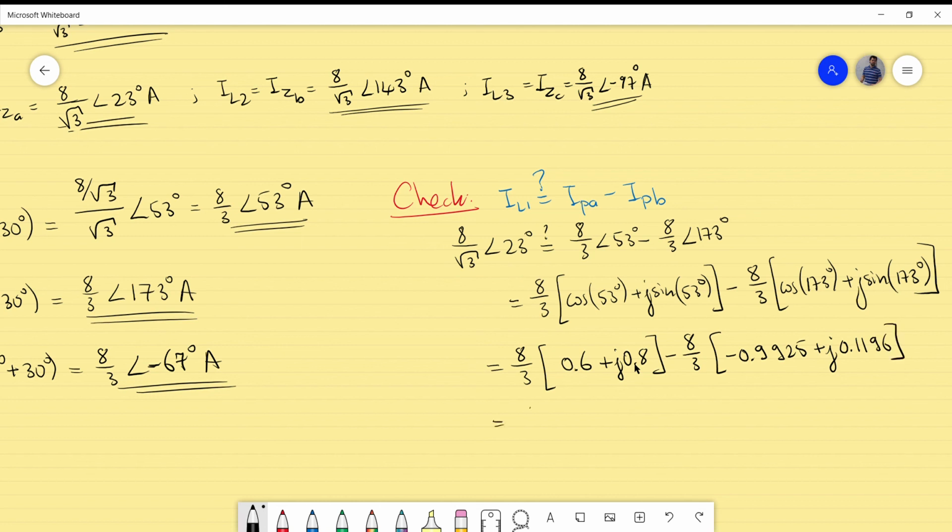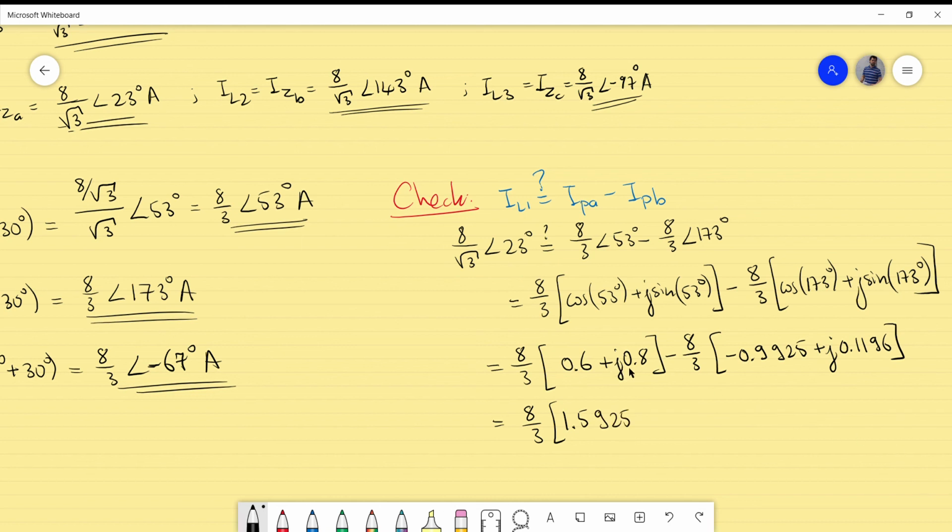Again, I will have to combine the real part and imaginary part, make a net effect of that. So I have here 0.6, I have here minus minus, so I have a plus 0.9925. And that will result in, for the real part together, 1.5927.